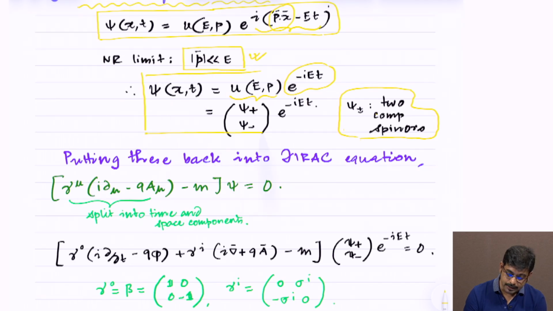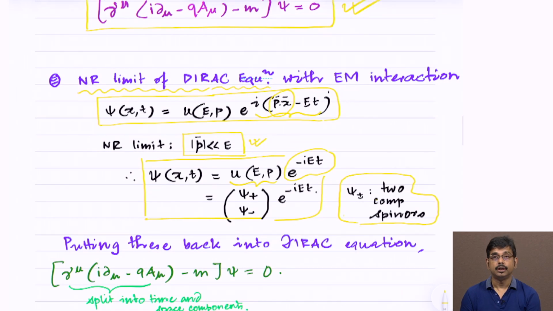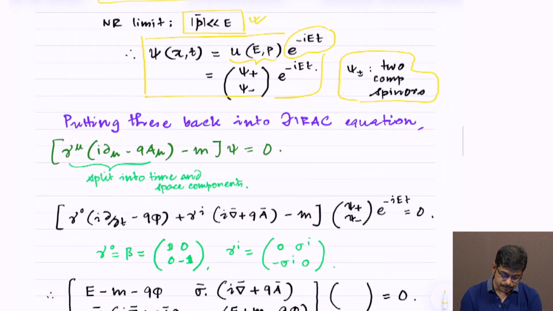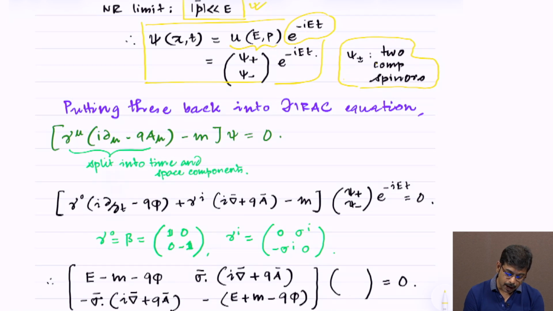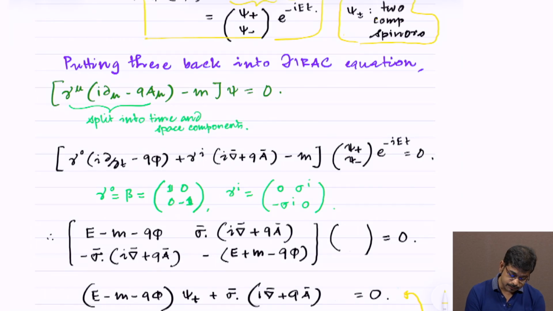Now, what I am going to do is use this form of psi(x,t) in the non-relativistic limit, and then put it back into this Dirac equation with interaction of the electromagnetism. So, this is the one: gamma mu i del mu minus q A mu minus m into psi equal to 0, and I am going to split it into time and space components. Therefore, this first term will be gamma 0 (i del t minus q phi), because you remember that your A mu was essentially this (phi, A).